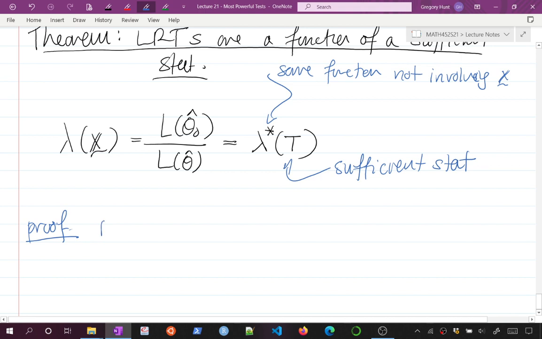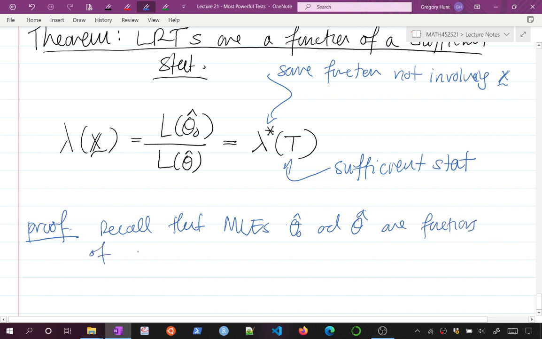Recall that the MLEs, theta naught hat and theta hat, are functions of sufficient statistics.